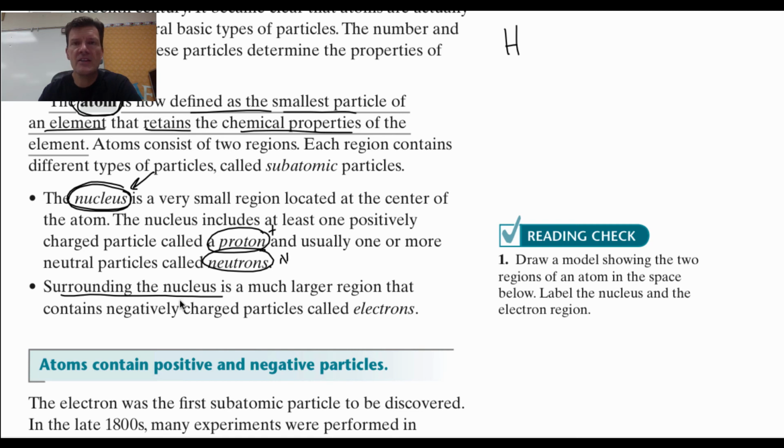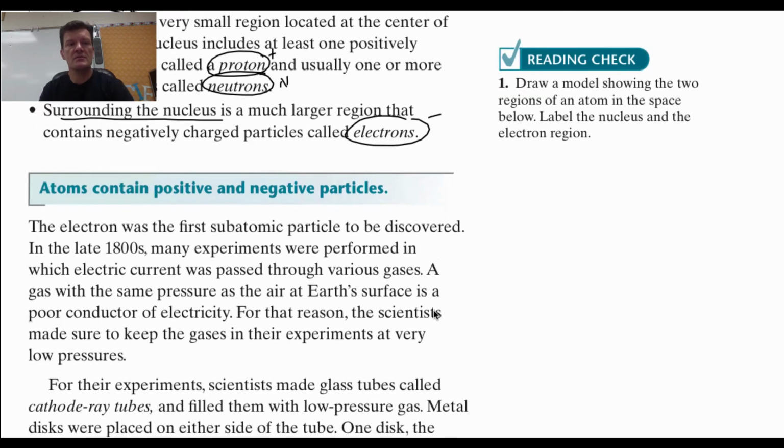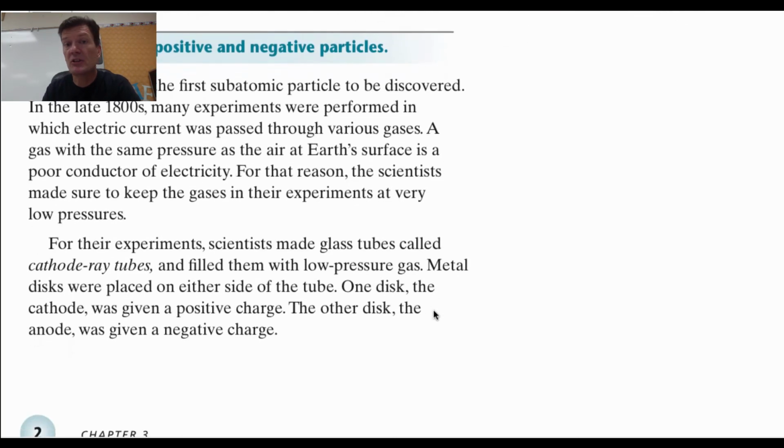Outside the nucleus, in the region, the cloud, sometimes called orbitals, as we'll talk about later, that's where your electrons reside, and those are negatively charged. Okay? All right. Let's talk a little bit about these subatomic particles and give you some characteristics about them. Okay?